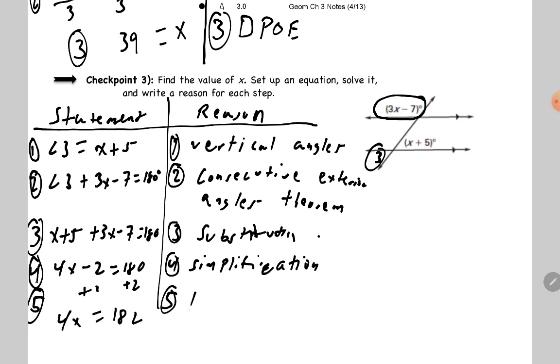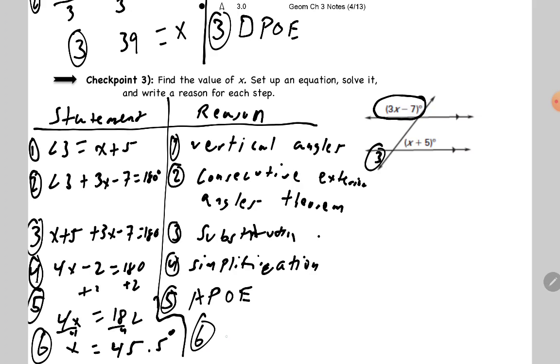And that was through the addition property of equality. And then lastly, we divide by 4 to get x equals 45.5 degrees. And that was through division property of equality.